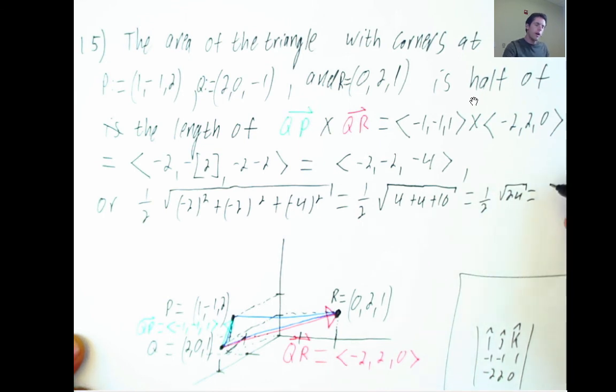And I could factor 4 out of that 24, and let's see, half of 24 is 12, half of that is 6, so that'll be a square root of 6. I factored out the 2, and that 2 will cancel with the 1/2, and well, that's it, square root of 6. You know what I can do?